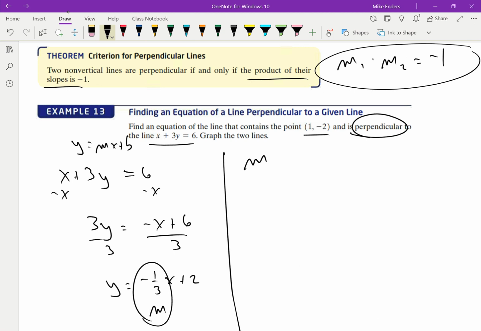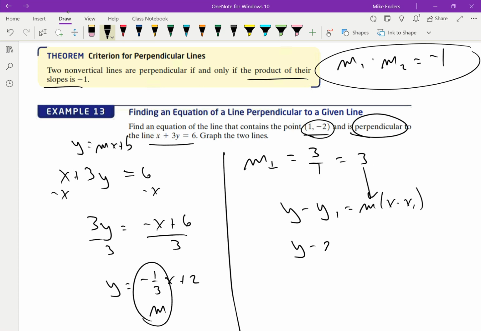So if I want a slope that's perpendicular, that's the symbol for perpendicular, it looks like an upside down T. I want the opposite sign of negative, which is going to be positive. I want 1/3 flipped over. So 1/3 flipped over is 3 over 1, which is just 3. So now I have my slope. If I go back to point slope form, I now know my slope and I've got my point.